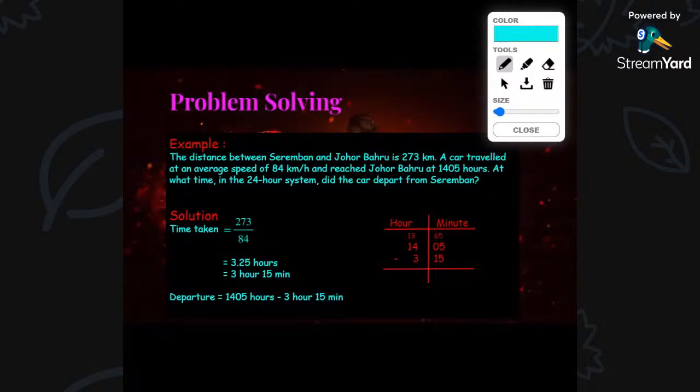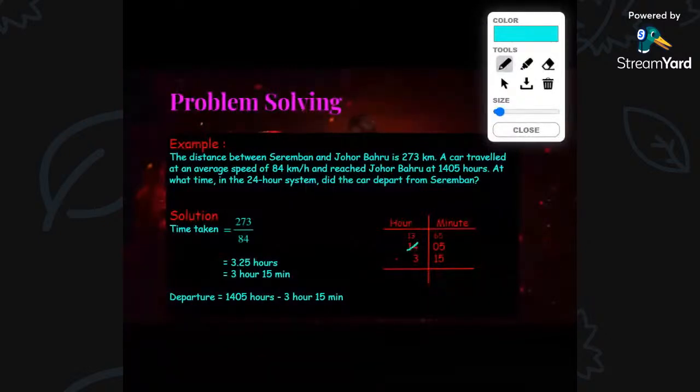Okey, so kalau tengok sini, 1405. Okay, 05 nak minus dengan 15 tak boleh kan? So what you need to do ialah kita ambil 14 ni, 1 hour tu kita convert dekat sini. So 60 plus 05 dia akan jadi 65. Itu maksud dia. Alright, so 65 minus 15, so you akan dapat berapa kat sini?